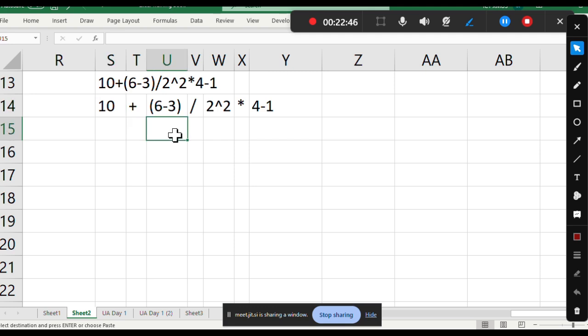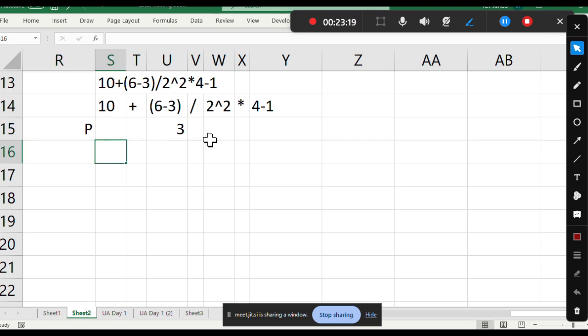So it will be 6 minus 3, which is 3. That's the first one, parenthesis.